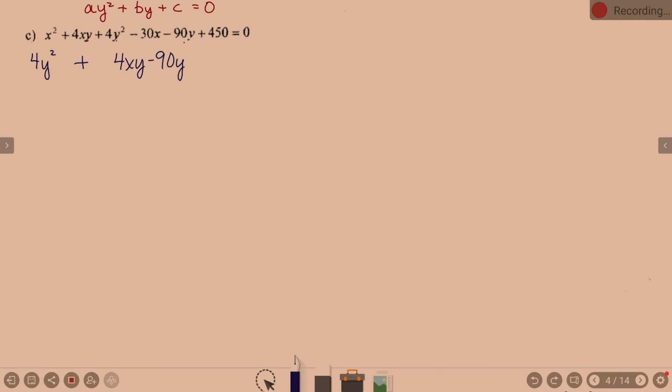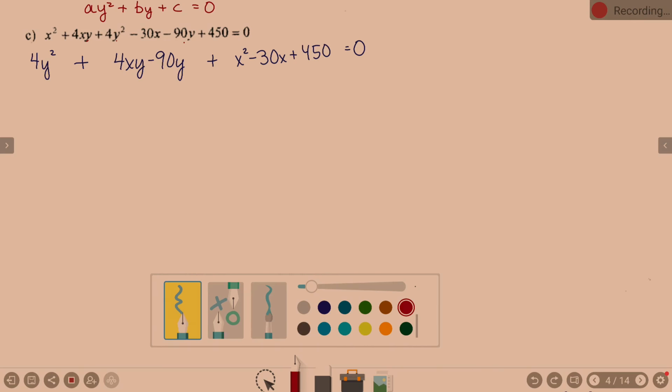And then everybody else I haven't used. So basically everybody that did not have some kind of y in it, which includes x squared minus 30x and plus 450. And of course my equation still equals 0.